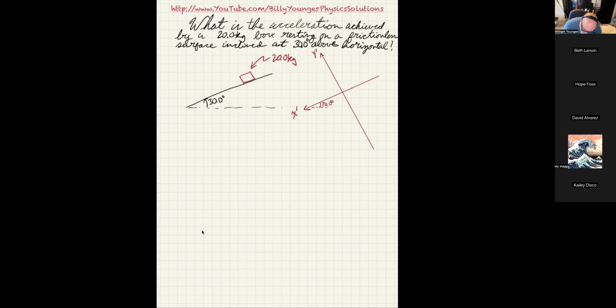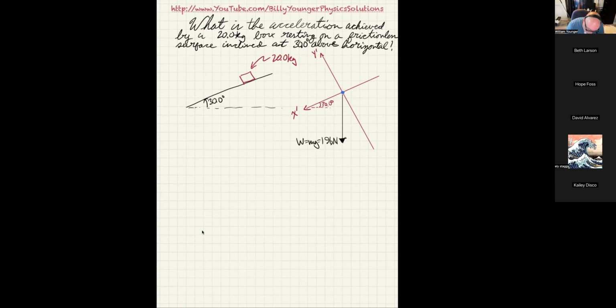Now we have the mass sitting right here, and the force acting on it is the force of gravity, which is the weight. I have to draw that vertical because that's how gravity acts, so I drew it straight down. W is equal to mg, which is 196 newtons in this case.